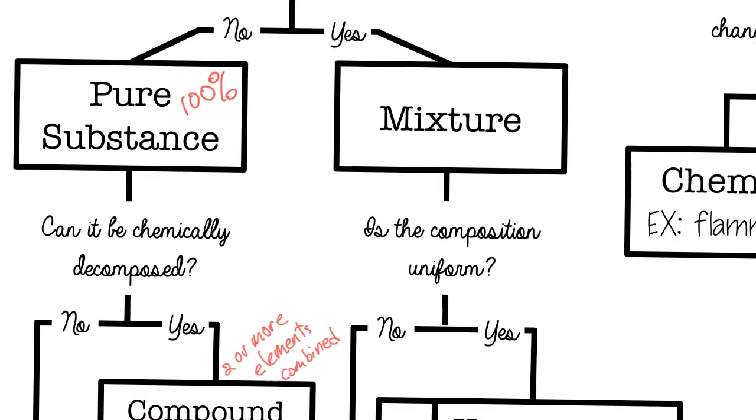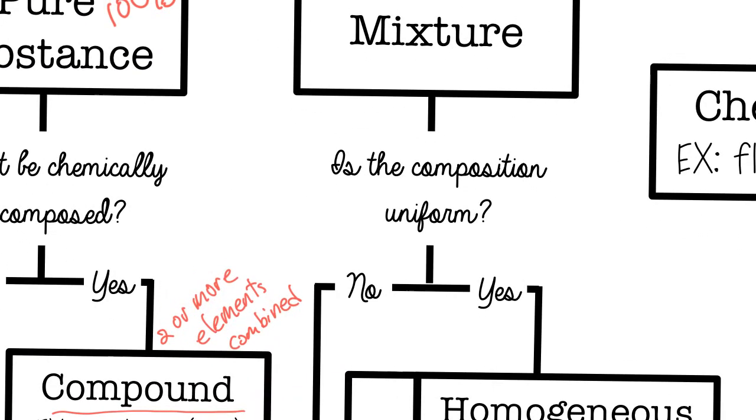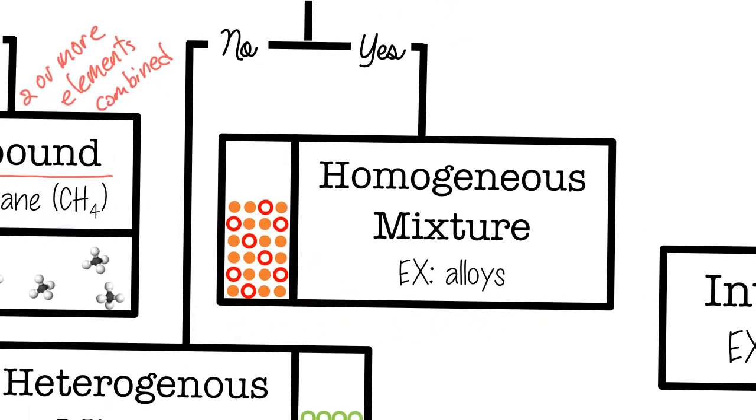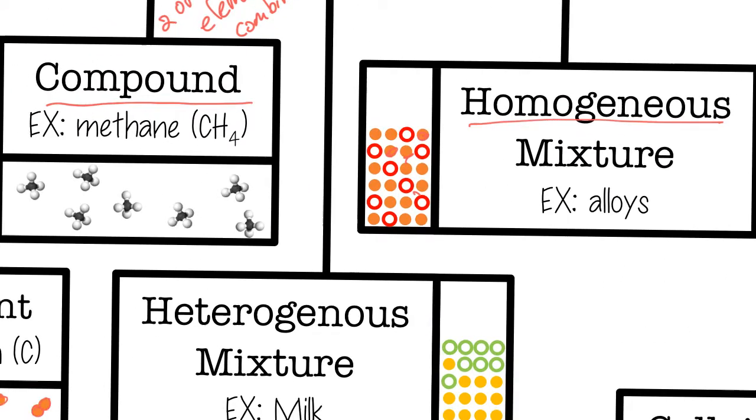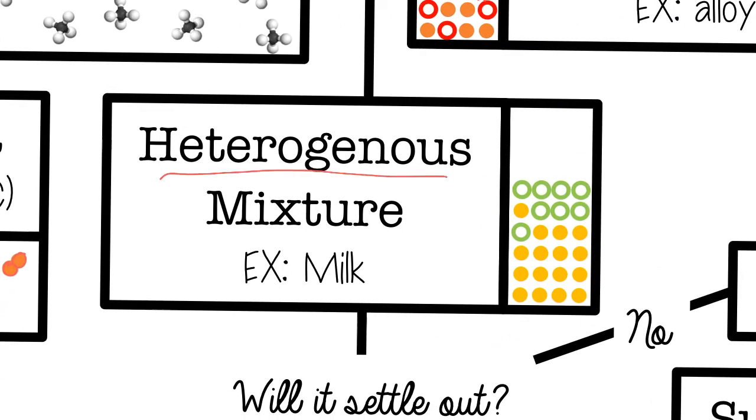Now, then we also talked about mixtures. And we said, is the composition uniform? And we used the word blended. If it's blended, it's a homogeneous mixture. You can see that this looks like it's very well blended. If it's not well blended, that's a heterogeneous mixture.